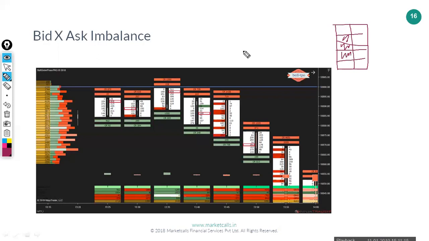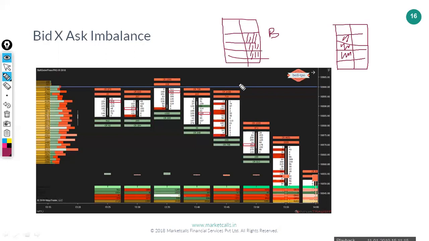Similarly, if you are seeing stacked buyers, they will be present on the right-hand side, where the volume will be 10x more compared to the sellers. So all these zones will be dominated by buyers. A minimum of 3 blocks is required to say that it is a stacked imbalance, right? So momentum buyers are entering in the zone.